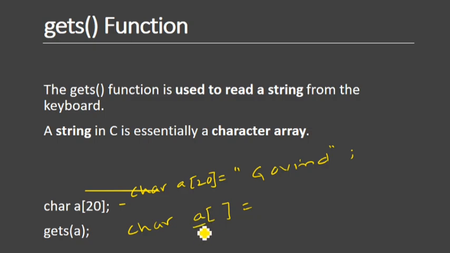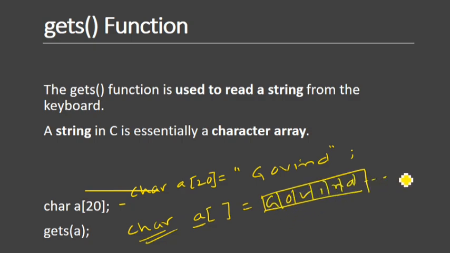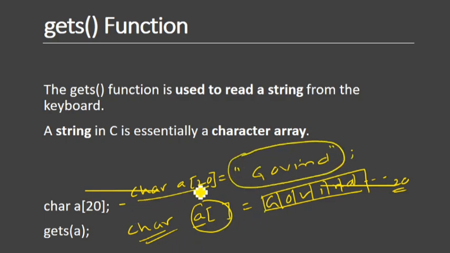A is a variable or array name, char is a keyword, and it can store up to 20 characters here, 1 2 3 4 5 6. So this is G O V I N D, and up to 20 characters it can hold. This is a variable A which holds a string. A string is a group of characters, which must be a character array.